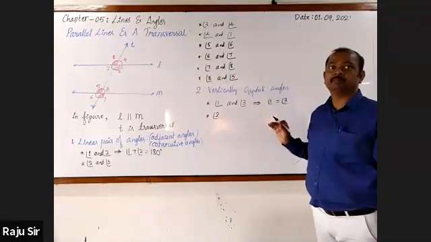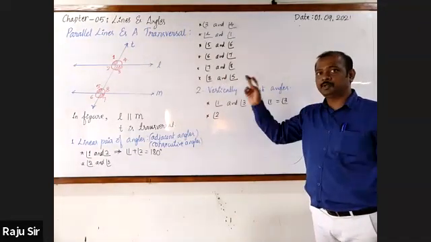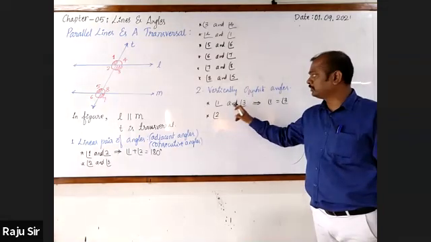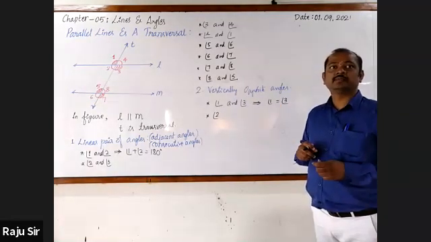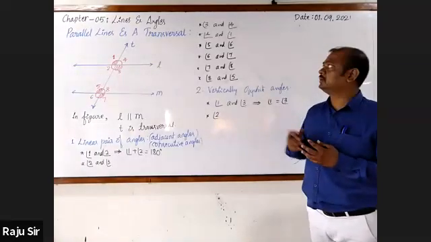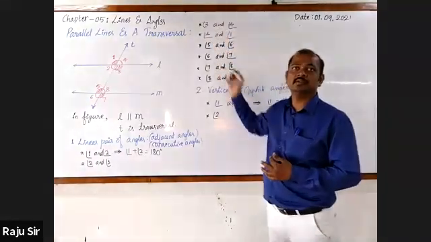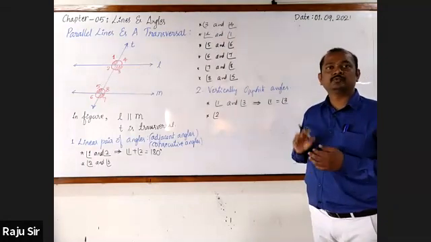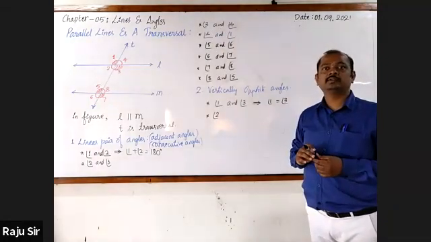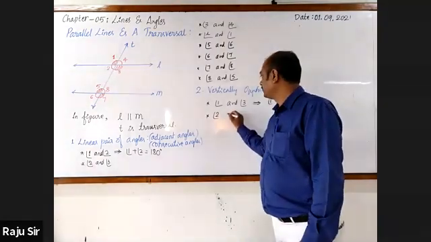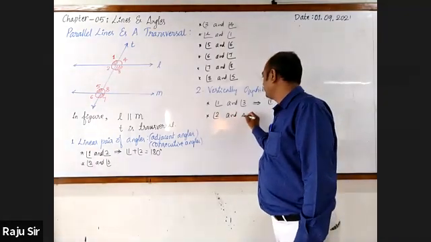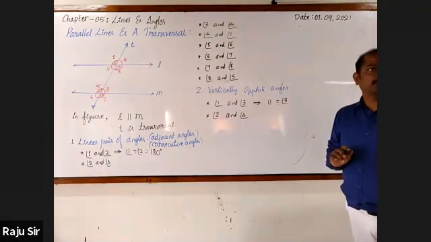Don't simply copy. Have you written this? You should follow the teacher correctly. Start from here: angle 2 and angle 4, both are equal.